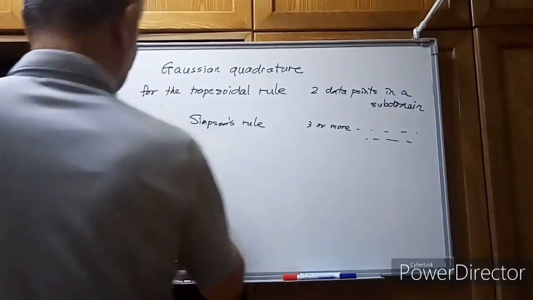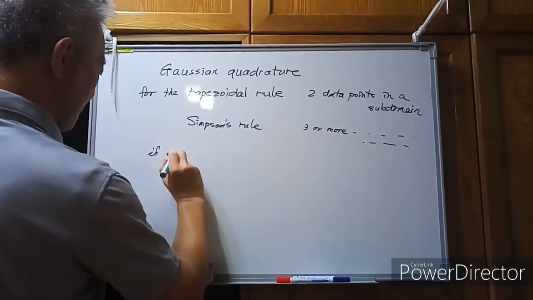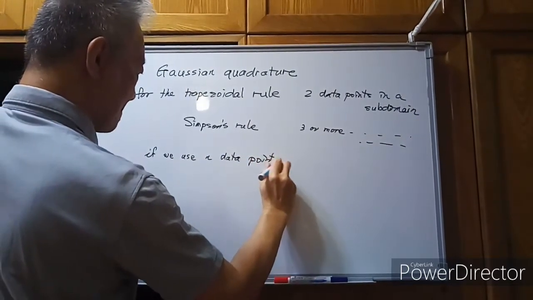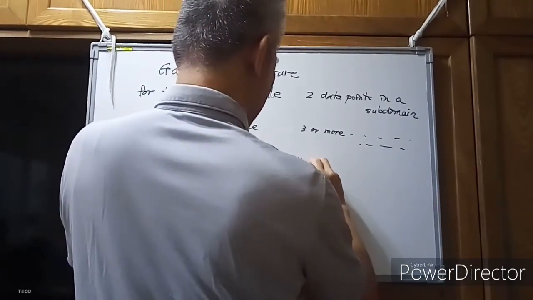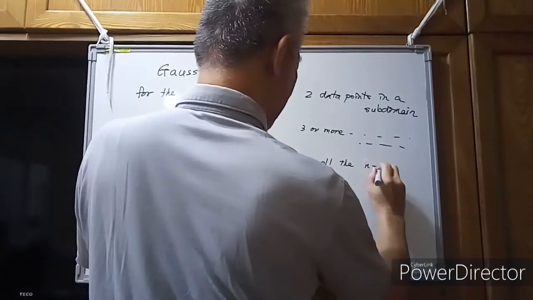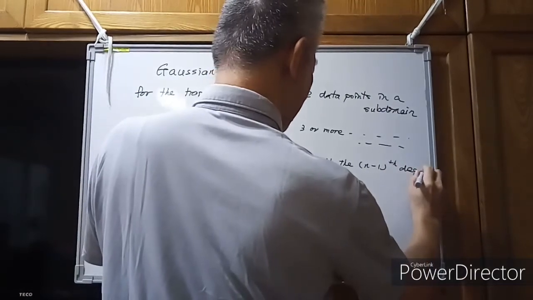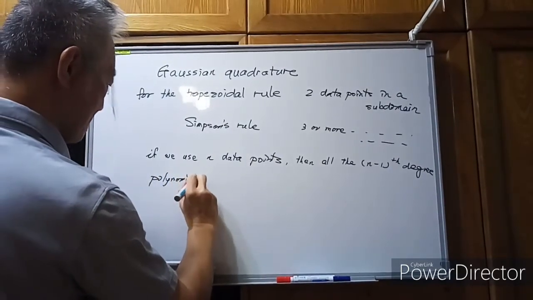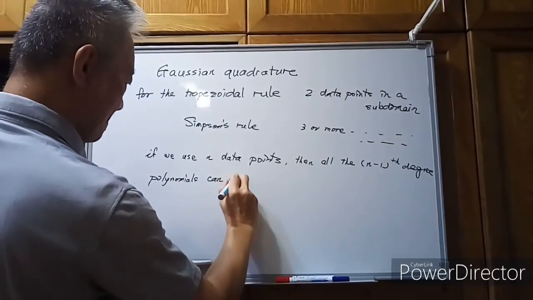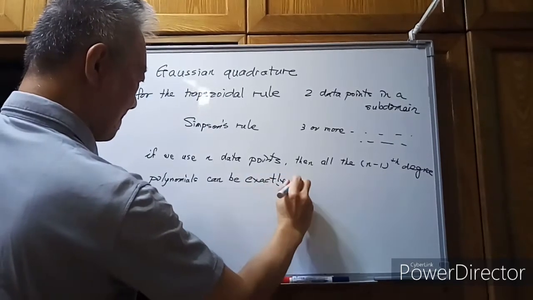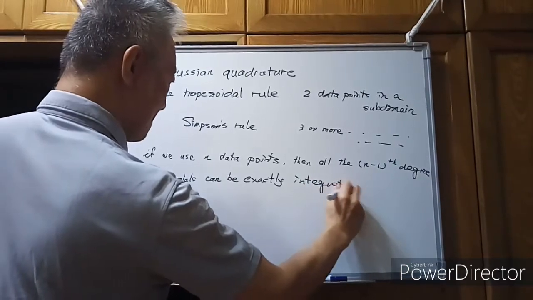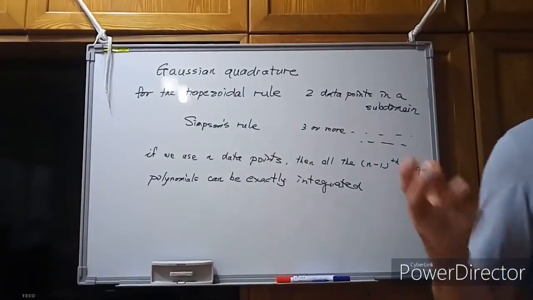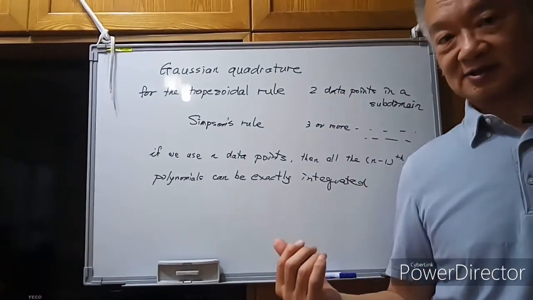And for these 2 methods, if we use n data points, then all n-1 degree polynomial functions can be exactly integrated.